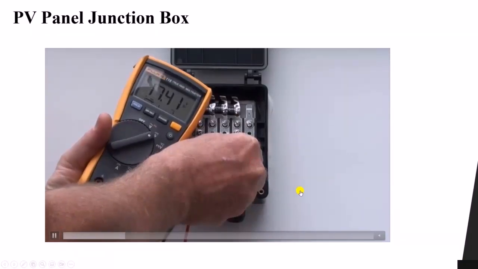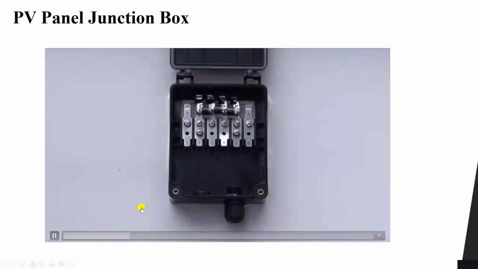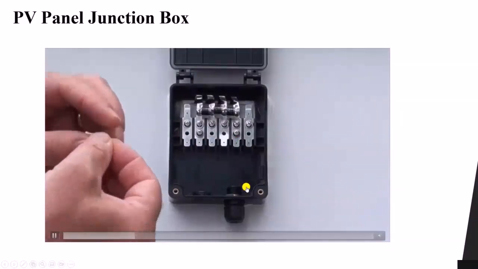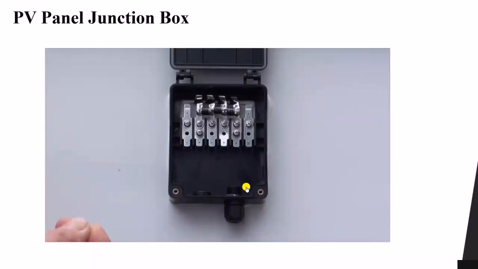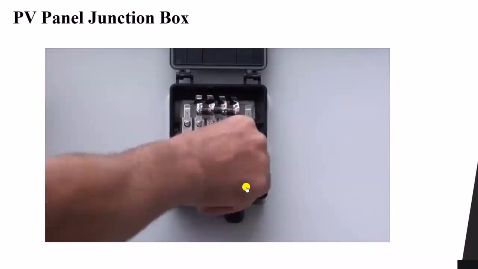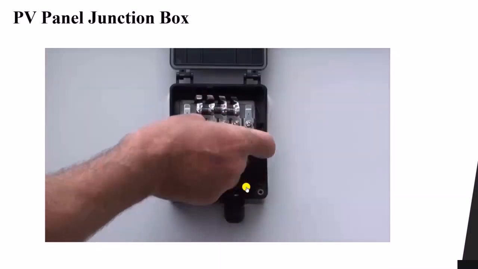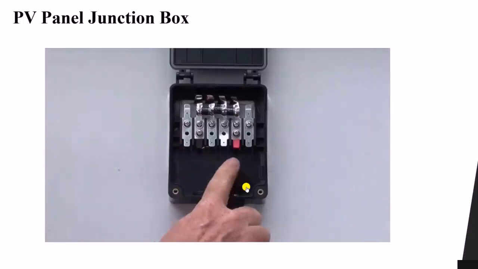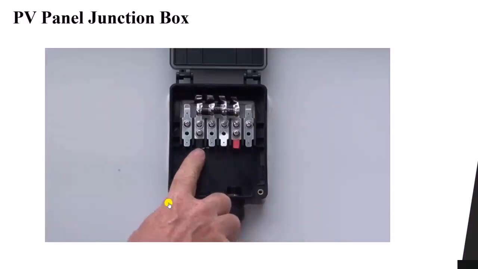Okay, so as you can see, we learned here we have positive and negative. So what we are going to do, we are going to add two indicators to help us remember that this one is the positive one and the other one is the zero or the ground one or the negative terminal. Okay, then what is the next step?